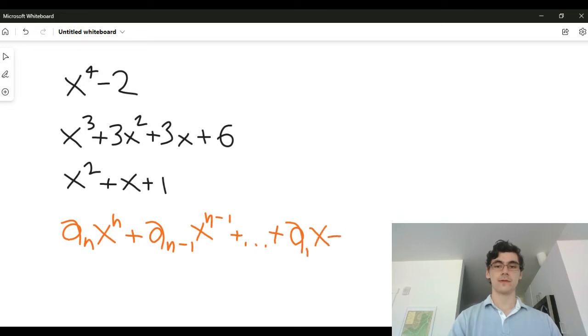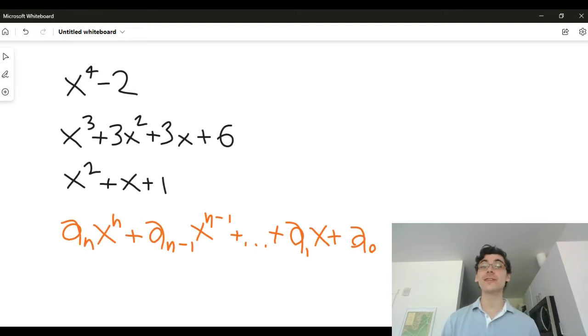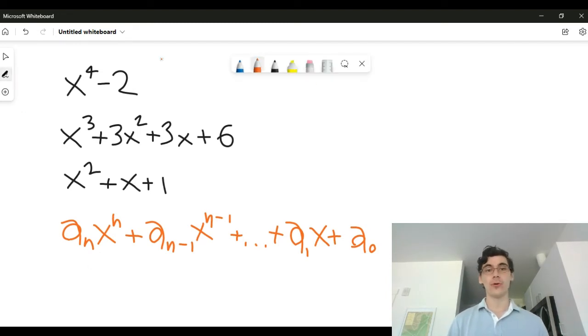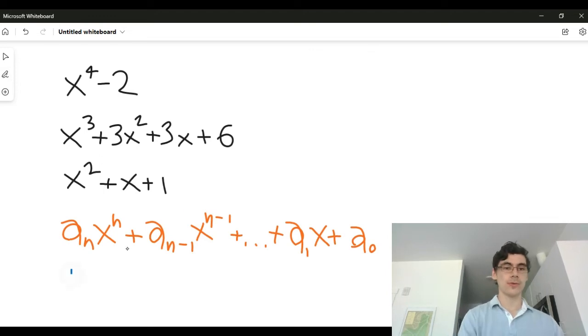Okay, like this. And we're going to assume that this polynomial has integer coefficients, so I'm going to assume that all of the a_0, a_1, and so on, all of those coefficients live in Z. And then I want to assume that there's some prime number p.